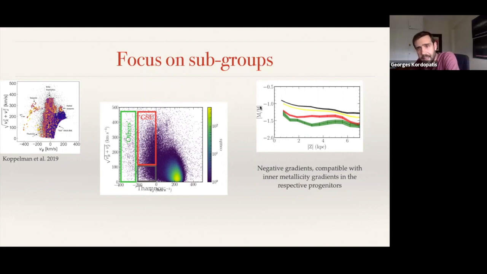And now investigate here, without cutting in R or Z, the metallicity gradients of those different subgroups. And you can see for Thamnos, this is the gradient that you see, this is for the Gaia Sausage Enceladus, and this is for the other subsample. You can see that those three subpopulations show similar gradients, but not the same metallicities.